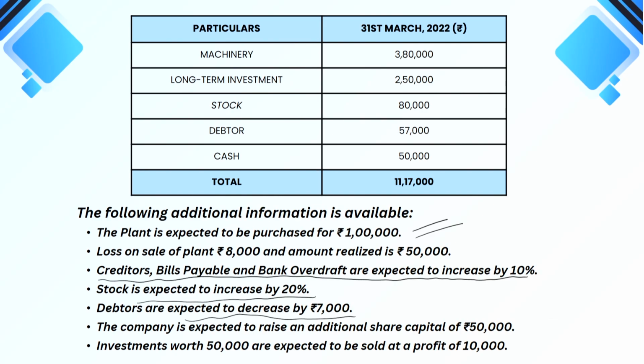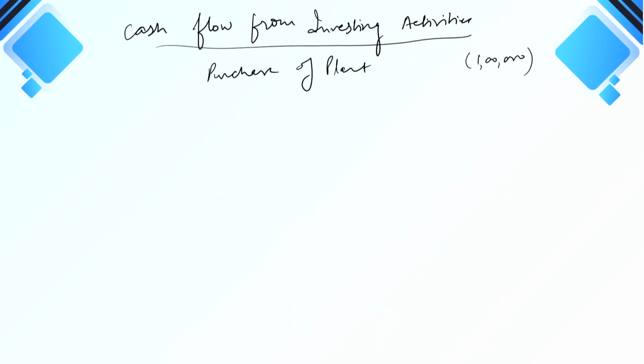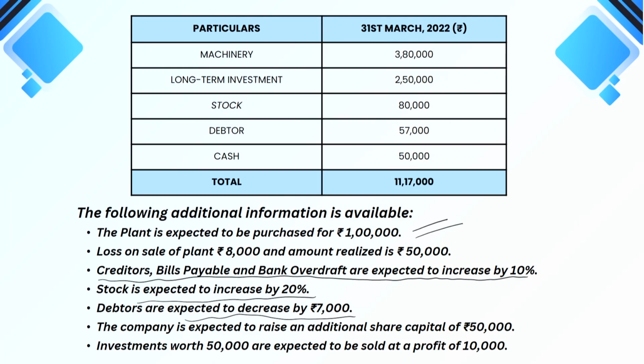Then the further adjustment is given that there is a loss on the sale of plant of rupees 8,000 and the amount realized is rupees 50,000. So here we take sale of plant as given in the adjustment of rupees 50,000, and then further one more adjustment is given that investments worth rupees 50,000 sold at a profit of rupees 10,000.